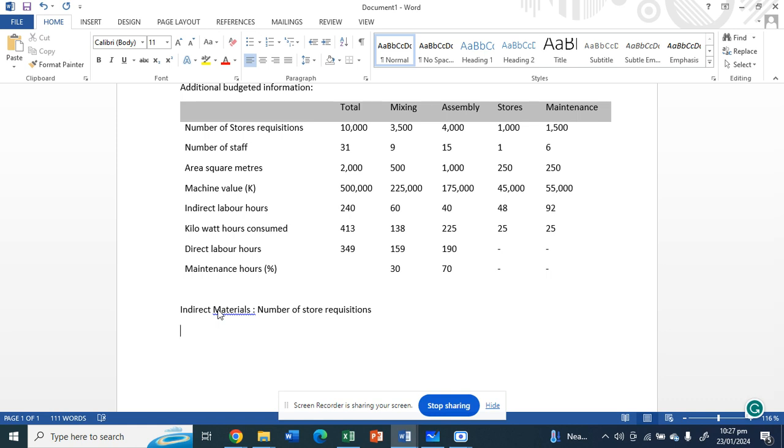All right. So we're going to start with the mixing department. So for mixing department, we're going to say 3,500 over 10,000 times 1 million.